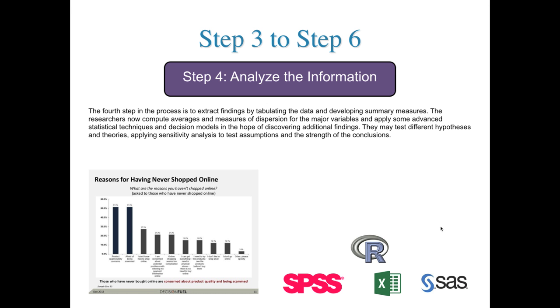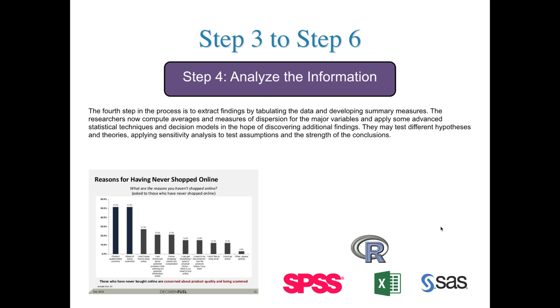So step 4 deals with the analysis. Now, the graphics I just showed you demonstrate already the analysis that has taken place. But the important part of analysis is to extract the findings, tabulate the data in whatever way is appropriate, and then develop some summary measures.